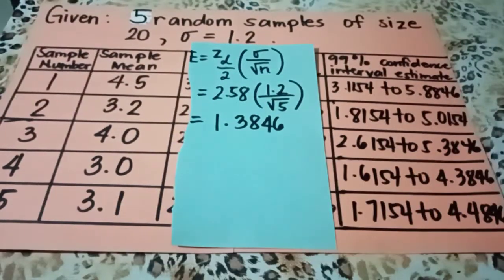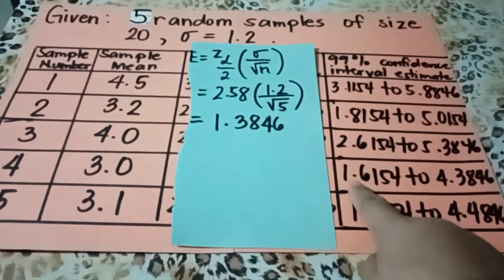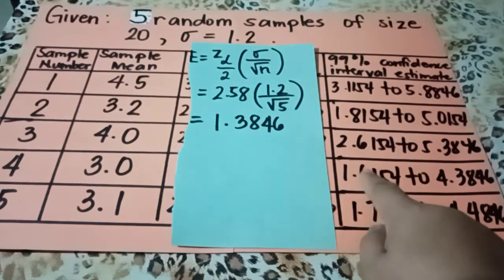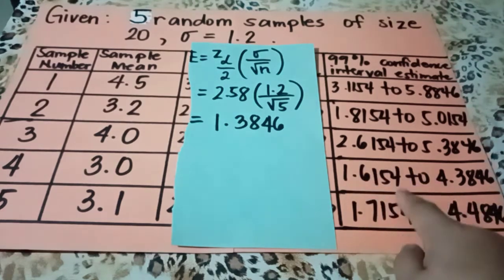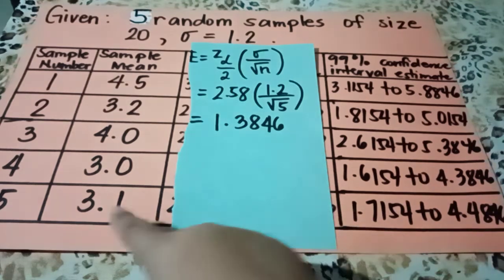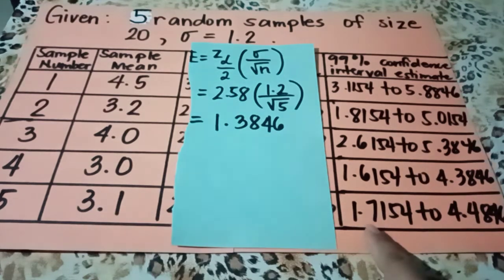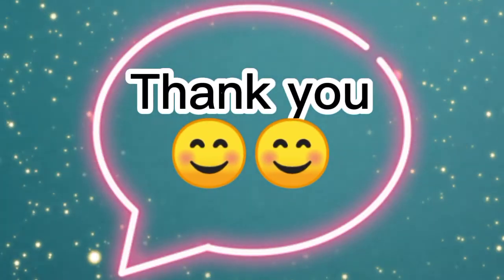And then we continue using the same process. If you are going to use the sample mean as 3, you have here the 99% confidence interval estimate as 1.654 to 4.3846. And if you have the sample mean of 3.1, you have the interval estimate as 1.7154 to 4.4846.